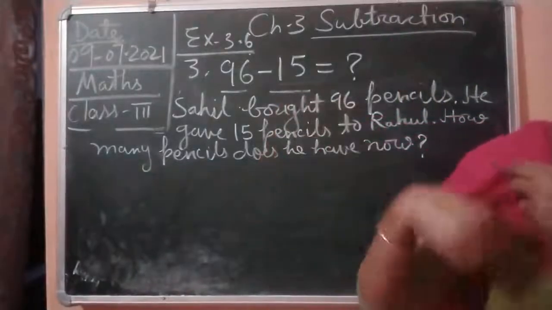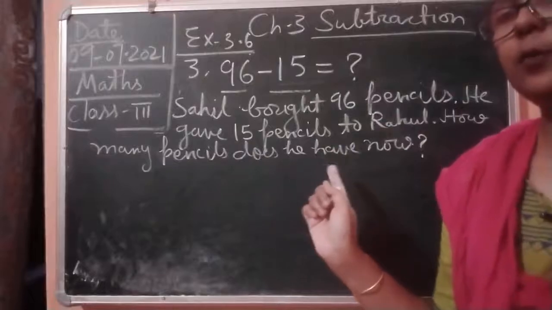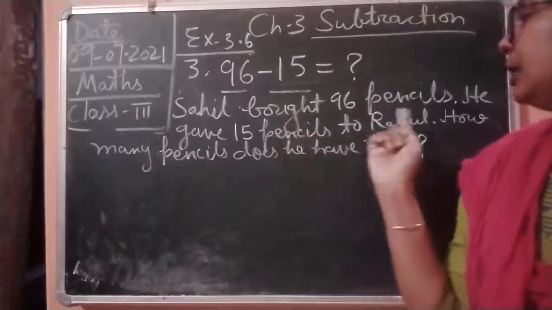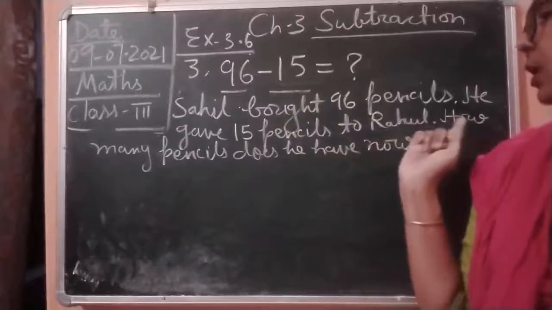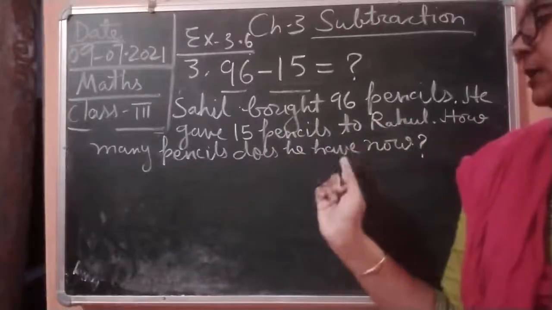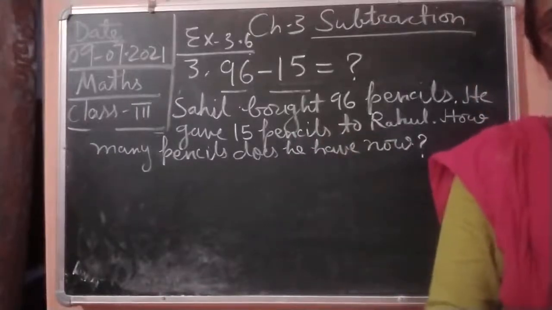Okay children, so first you just write down this word problem. Sahil bought 96 pencils. He gave 15 pencils to Rahul. How many pencils does he have right now? Okay children, so first you complete this.